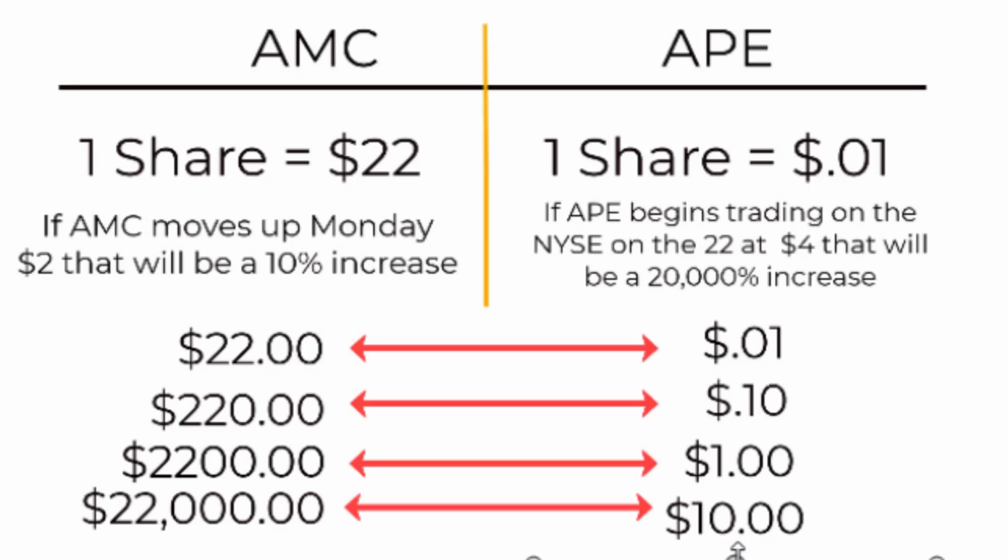I anticipate this being the MOASS. I anticipate APE shares to go into the thousands. I believe it. We're going to find out. You're going to get your 1 share of APE for a penny, and it's going to open on the market for no less than $4.